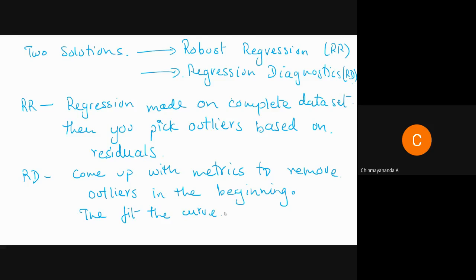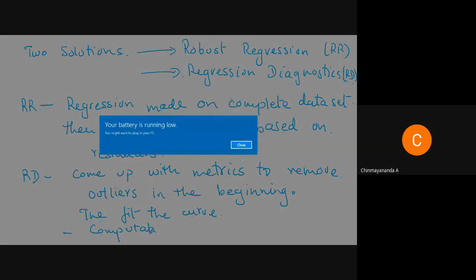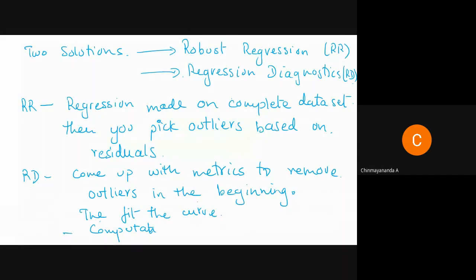So here, why we are not using regression diagnostics is, one thing is that it is computationally expensive. So we will not go for this, at least as of now.